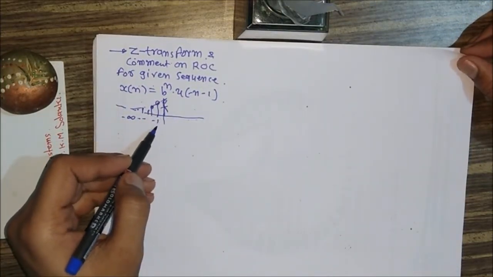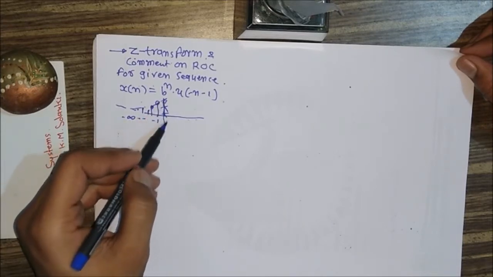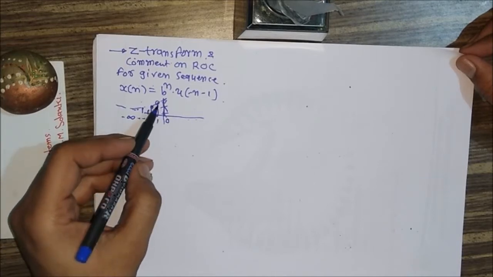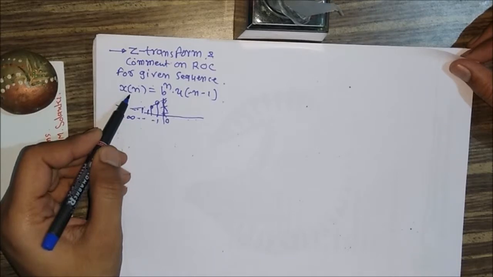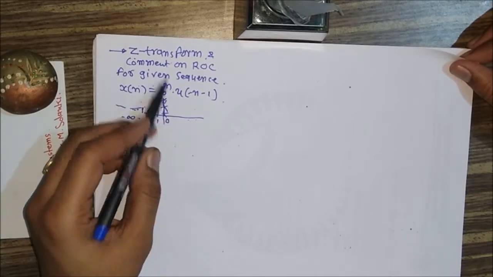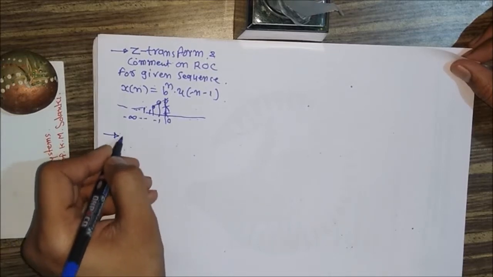It does not start at 0, so 0 is omitted. Now from -1 to minus infinity, we need to consider the limit of x(n) for the given Z-transform calculation.